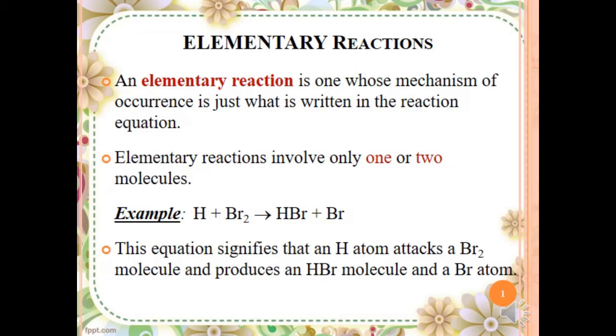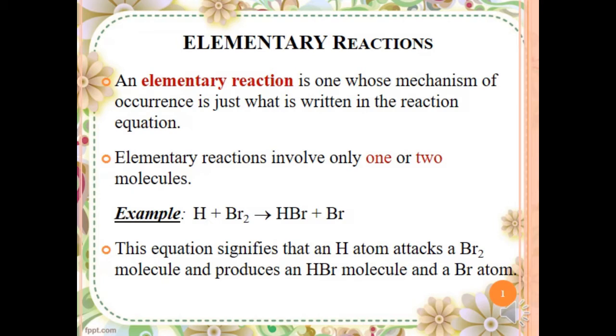Elementary reaction is one whose mechanism of occurrence is just what is written in the reaction equation. So if you go back to physical chemistry 1 that you have studied, and look back on Hess law. Okay, Hess law is a sequence of a step in order to get the overall reaction.